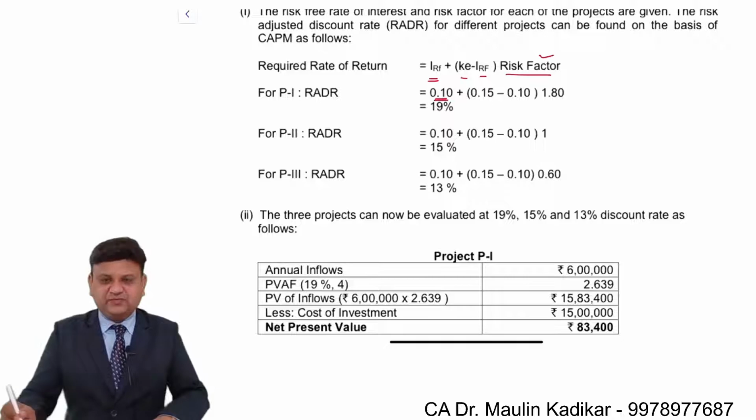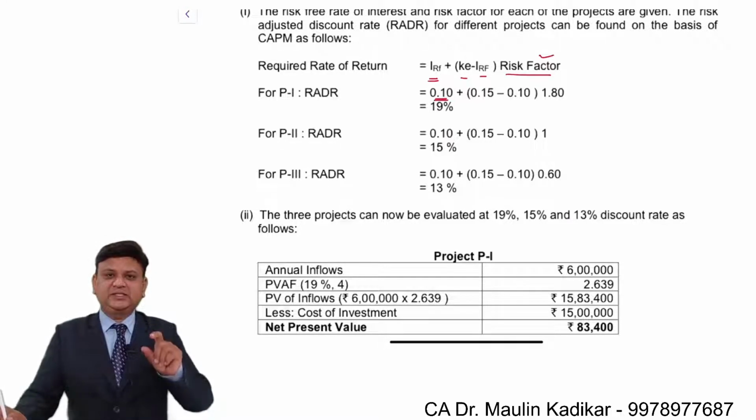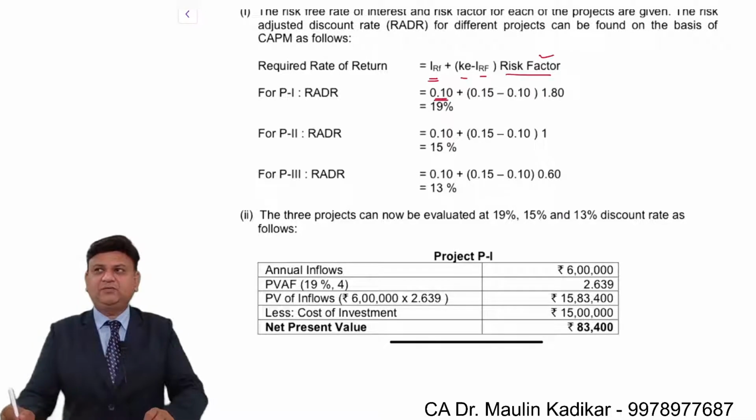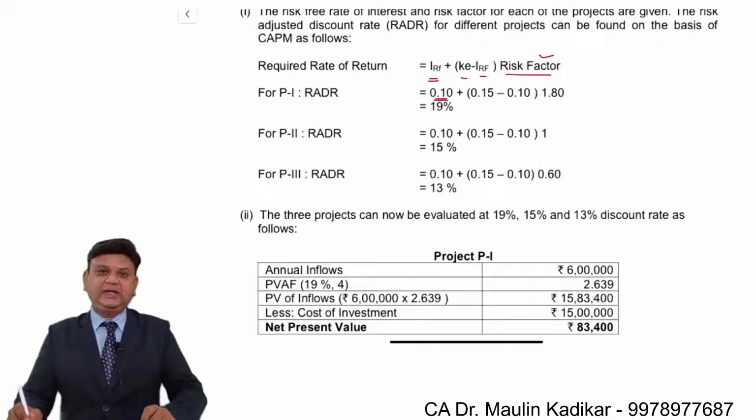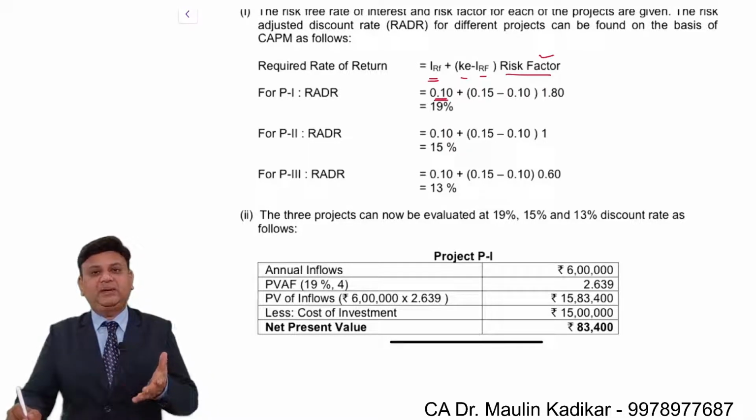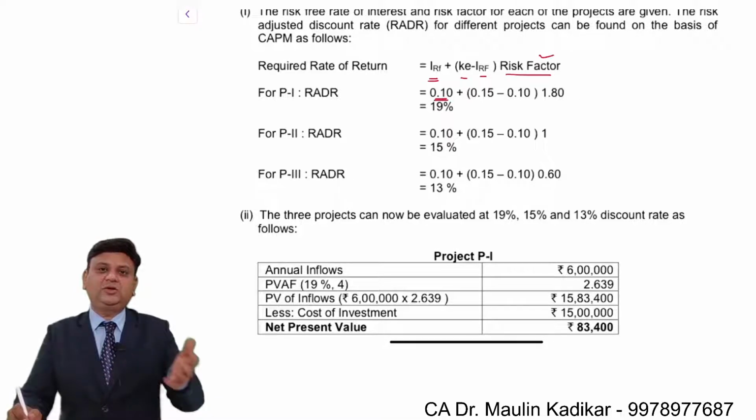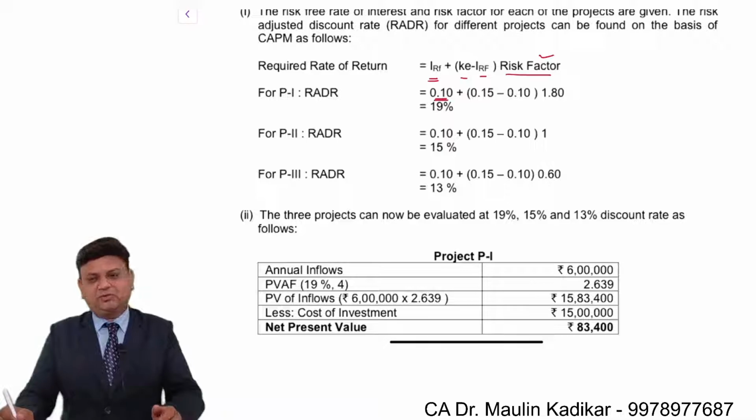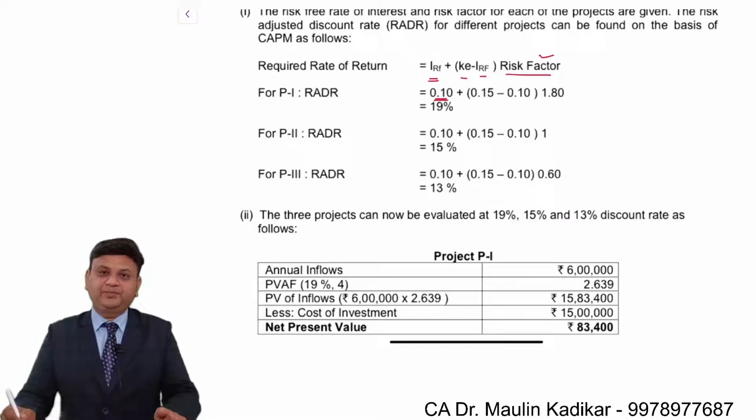Friends, as far as this risk factor is concerned, that is required to be decided subjectively by the company, and accordingly we are required to find the required rate of return. If you are doing some business which is traditionally done by a number of other businesses, say you want to enter the automobile sector, then yes, the automobile sector keeps on changing, but that sector is not absolutely new.